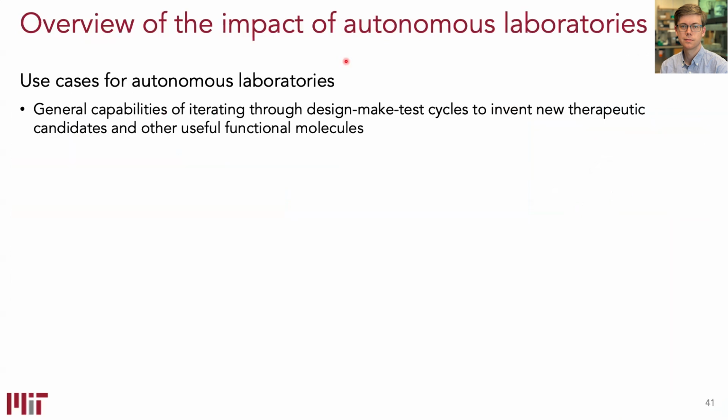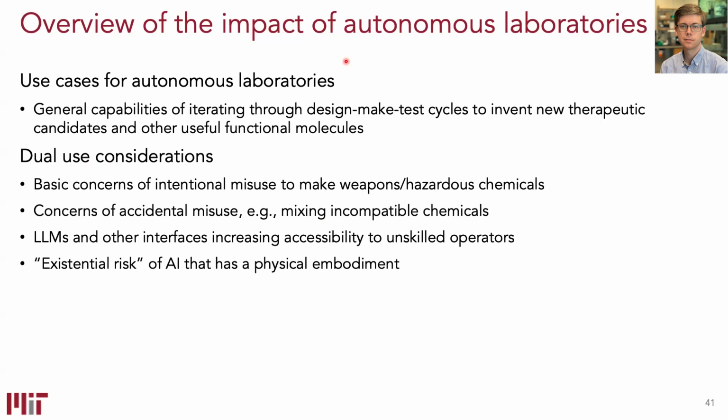Now, for autonomous laboratories, this has also generated a lot of discussion. So, if we do have laboratories that are capable of running their own reactions, like, should we be nervous about what they're able to run? Now, obviously, there's beneficial uses, accelerating the time to test molecules as therapeutic candidates, et cetera. There's a lot of dual use considerations in some articles about this, and again, discussion in sort of the media.